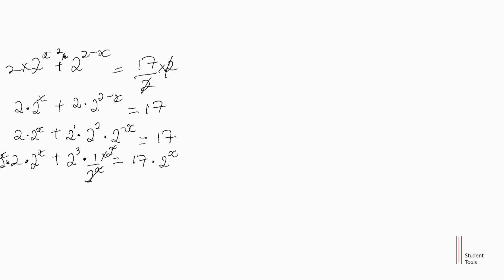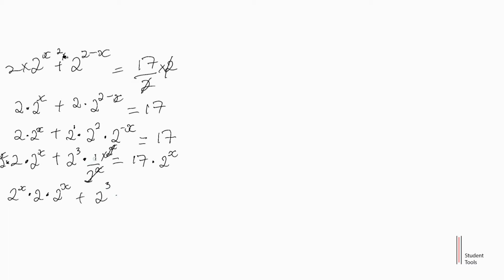So this will cancel this, such that here we will have 2 to the power x multiplied by 2 multiplied by 2 to the power x, this one, plus 2 to the power 3.